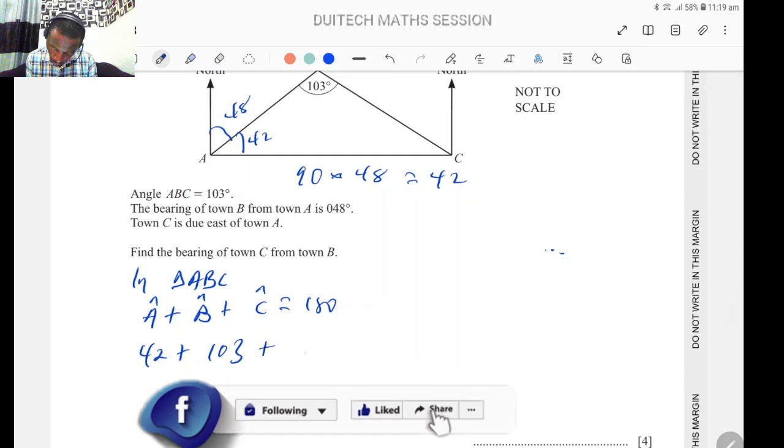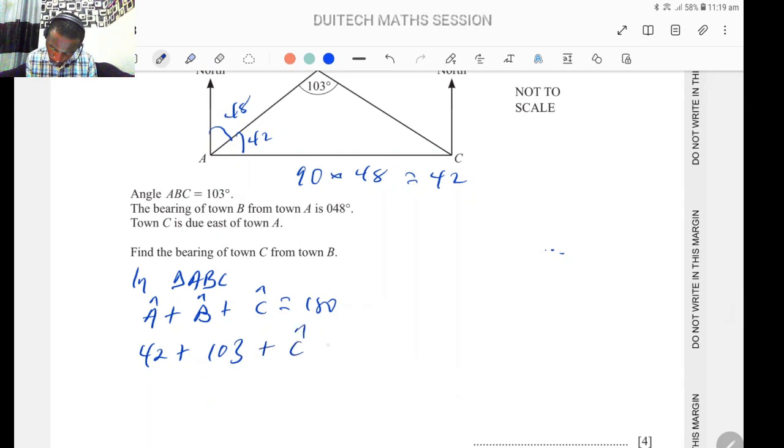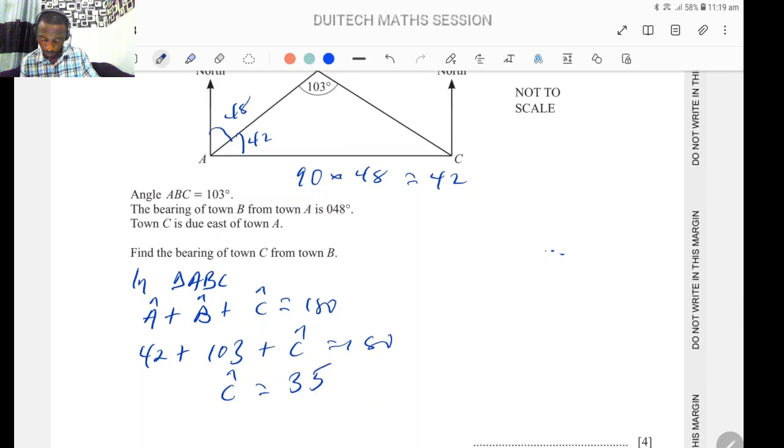Then plus C, which is what you're looking for, equals 180. So when you do that, C becomes equal to what? 42 plus 103, then 180 minus that gives 35. So my C is 35.